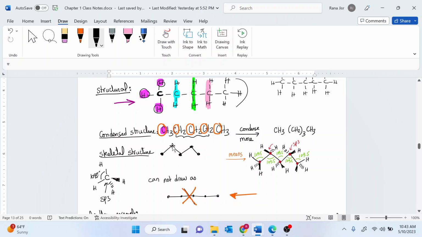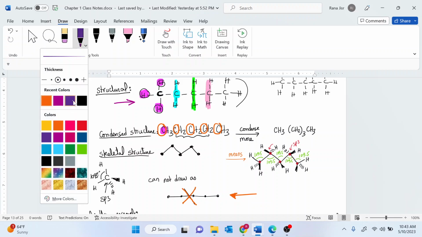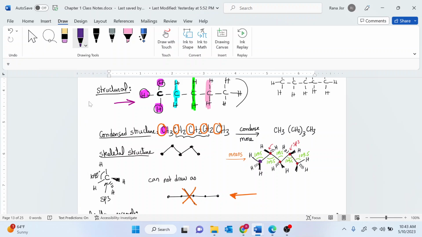Because this carbon is connected to 2 bonds, then definitely you're going to end up having 2 hydrogens in there. This is the same as this guy over here, but you don't have to show it. You don't have to show the hydrogens, but I'm just showing you that every single one of those carbons should have an sp3 hybridization.